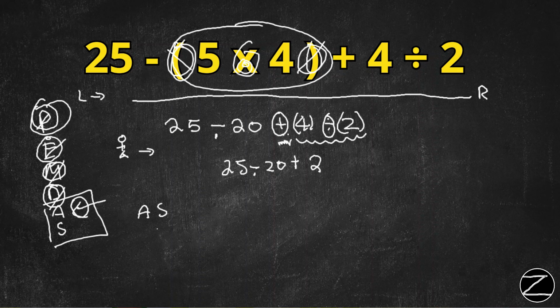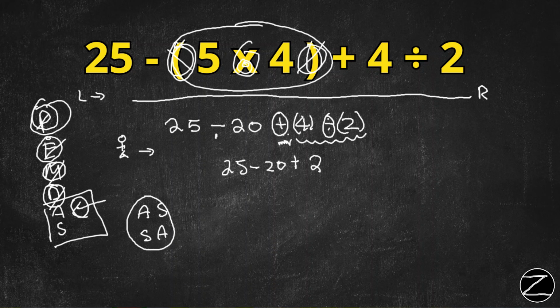AS, which means addition and subtraction, they are interchangeable, so it can also be SA, because we treat these at the same level. We need to respect addition, we need to respect subtraction. So because subtraction comes before addition, we need to do subtraction. If addition were first, then subtraction, you do the addition first. That's the only thing you need to be aware of when dealing with these operations.